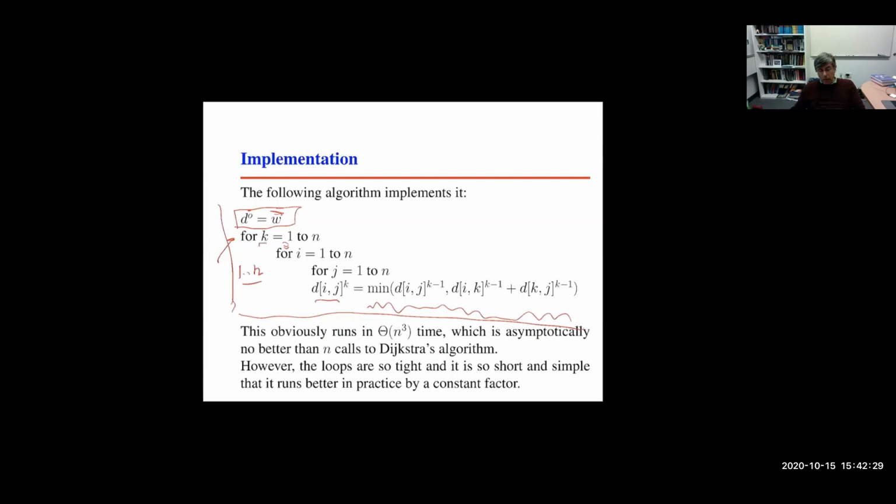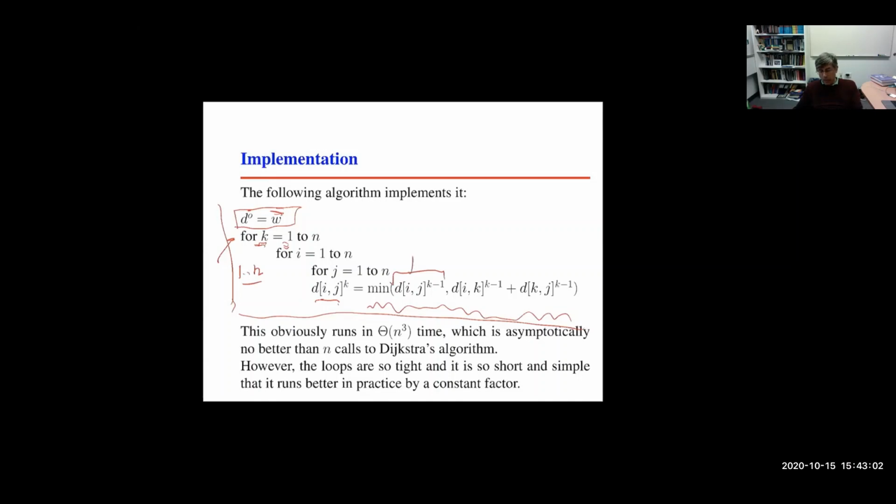We already knew it for k minus 1, and I'm going to claim the shortest path between i and j using vertices 1 through k as possible intermediaries either goes through k or it doesn't. Okay, does everybody agree? If it doesn't go through k, this was the shortest path from i to j using vertices 1 to k minus 1 as intermediaries.